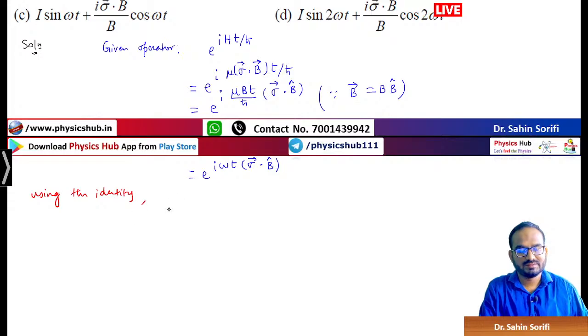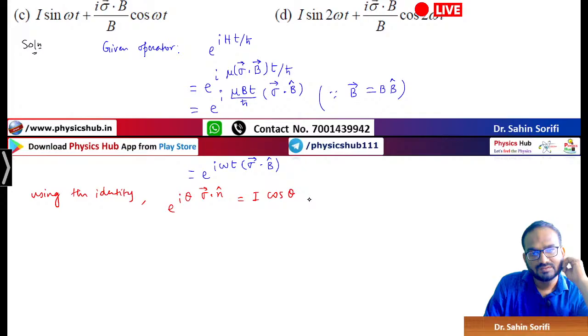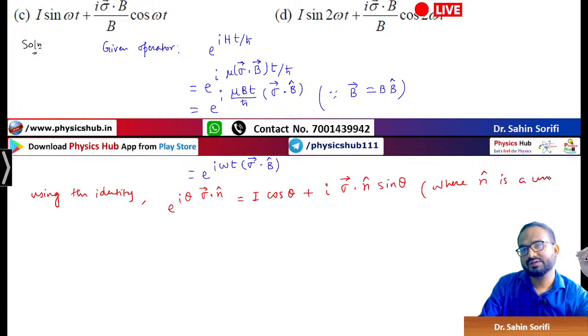The identity is e to the power i theta sigma dot n cap equals I cos theta plus i times sigma dot n cap sin theta. What is n cap? n cap is a unit vector. So using this identity, what do we get?